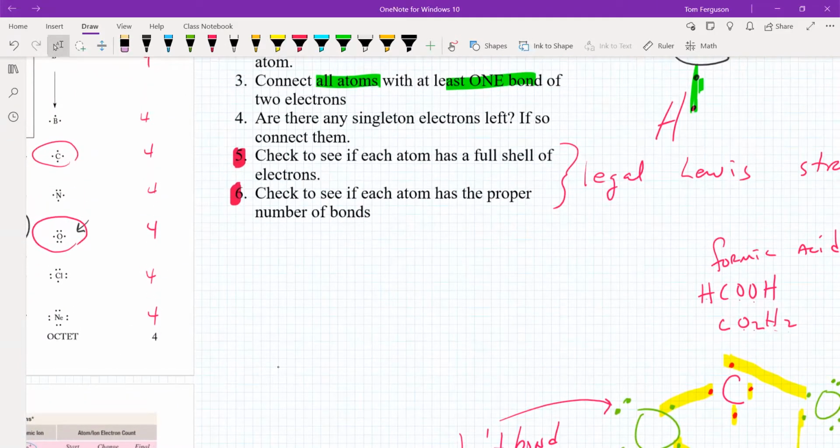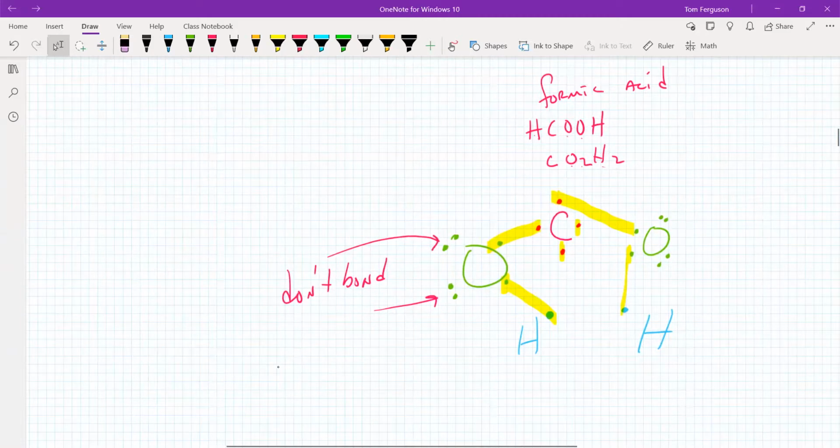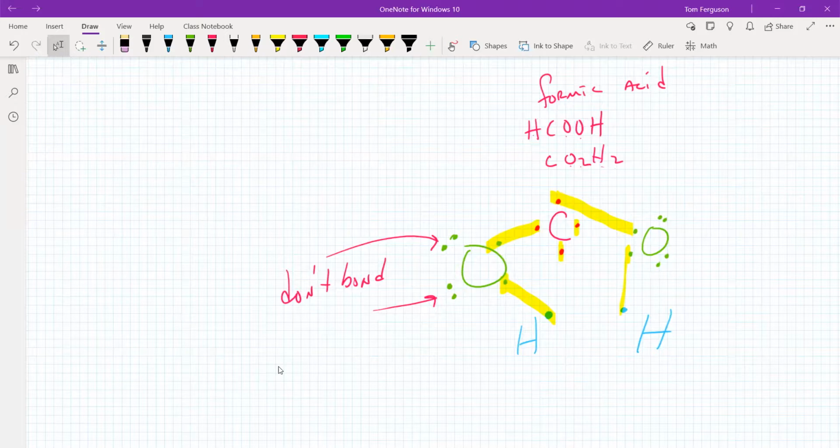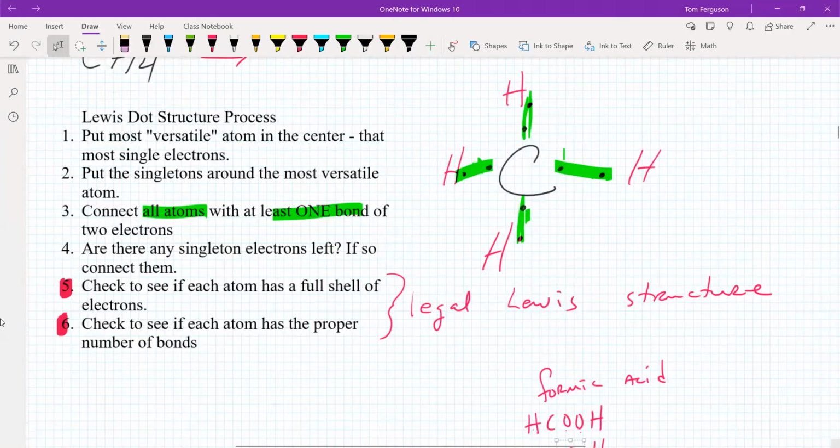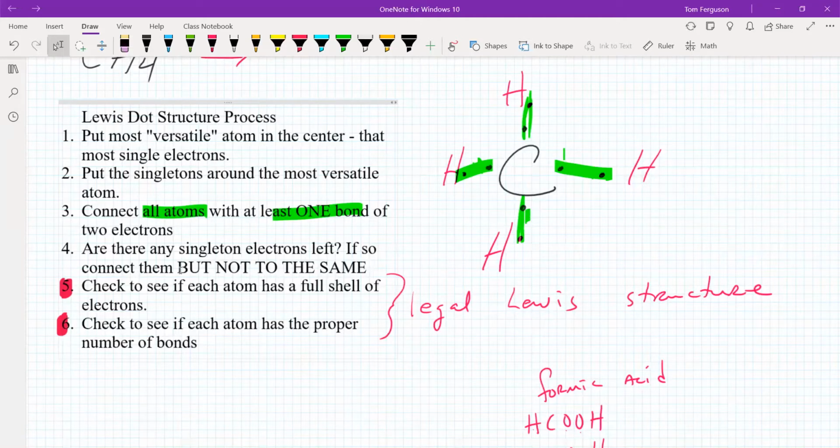Okay, so number 4 is, are there any singletons left? If so, connect them. Okay, so we do have some singletons left over, don't we? We've got this singleton here, this singleton here. Now I want to add a little note to our number here, but not to the same atom.